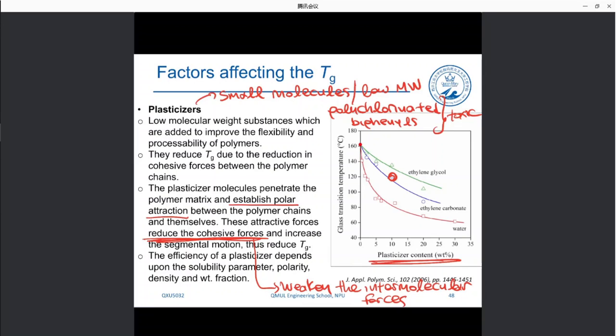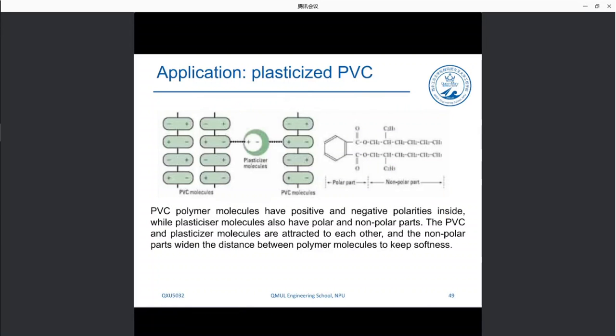If we want to lower it even further, we add 20% of ethylene carbonate. If we want to lower it just a little, we add 2% and we lower it, I don't know, 15, 17 degrees. So the amount of plasticizer we add leads to different spacings between the molecules, and different spaces between the molecules lead to different glass transition temperatures.